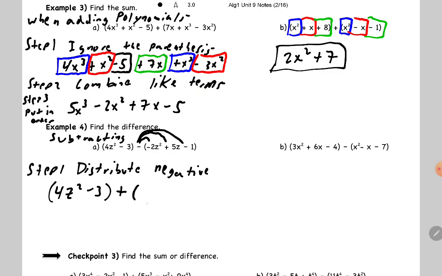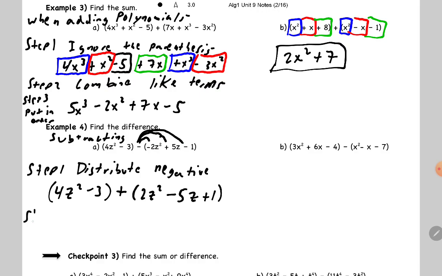So 2 negatives makes it positive, so this negative 2z squared is going to become positive 2z squared. This positive 5z will now become the opposite, so that's negative 5z, and then this negative 1 will become a positive 1. So this minus sign is just making everything in the parentheses the opposite.